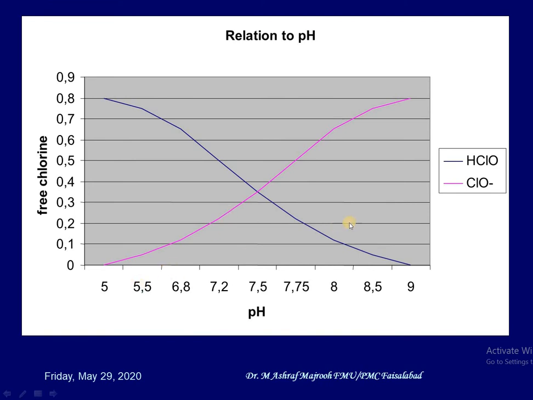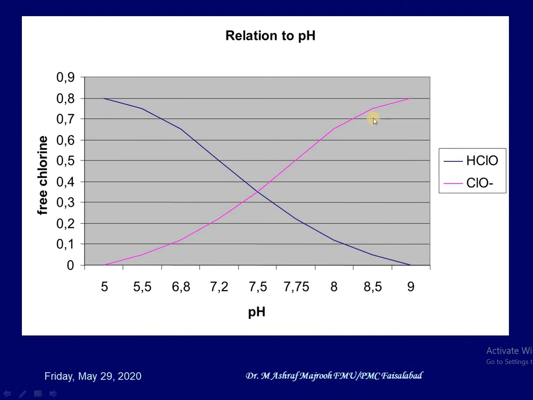At lower pH, the OCl ions are minimum and they start appearing at pH 5 and then go on increasing, and they will be maximum at a pH of 9. On the other hand, at lower pH, the hypochlorous acid will be in maximum amount and then the amount will fall and it will be converted into ions.